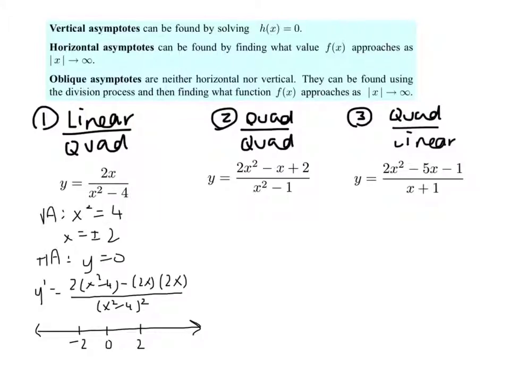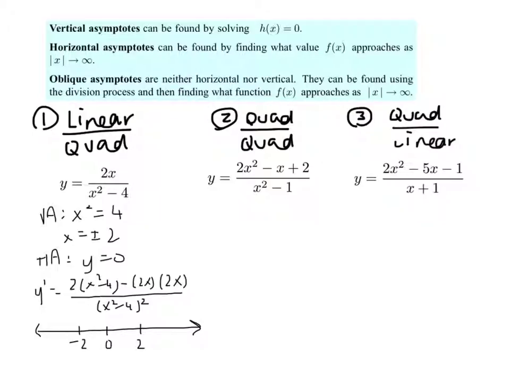Okay, so here are some problems, and I already started working on the very first example. So if I have the equation y equals 2x over x squared minus 4, I know that I have a vertical asymptote at x equals plus or minus 2 because I set my denominator equal to 0 to find that.